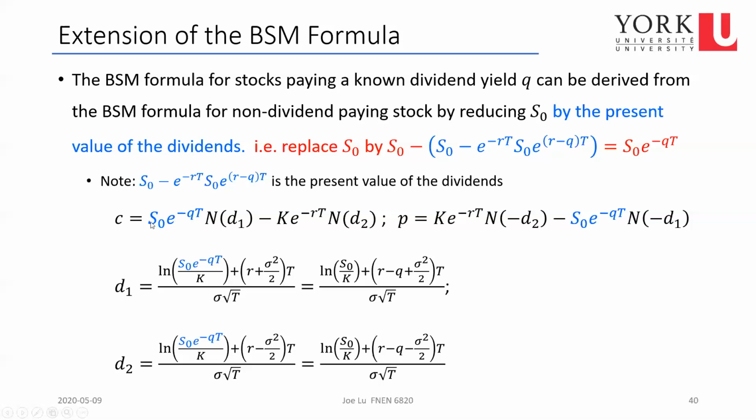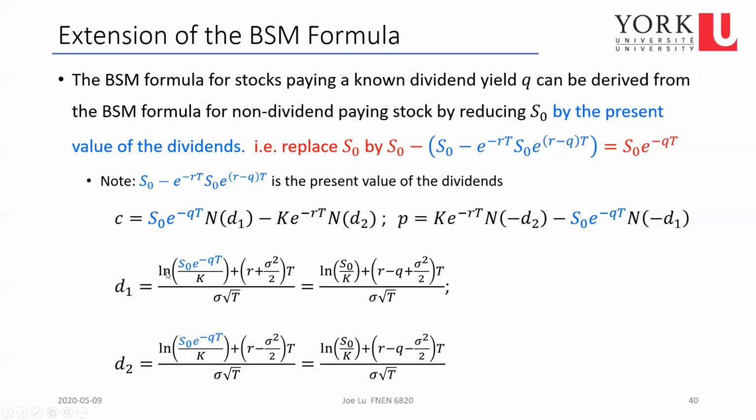Okay, so you replace that in the call price here, but you also should replace them in d1 and d2. Whenever you see an S naught, it becomes S naught times e to the power minus qT.